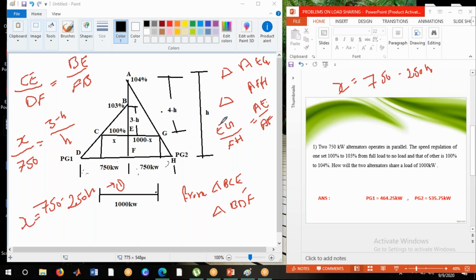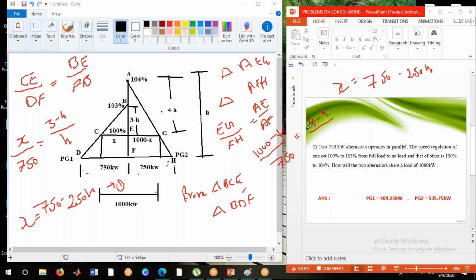What is the value of EG here? 1000 minus H. 1000 minus H divided by FH, which is 750, equals AE. The distance between A and E is 4 minus H, divided by the distance AF.